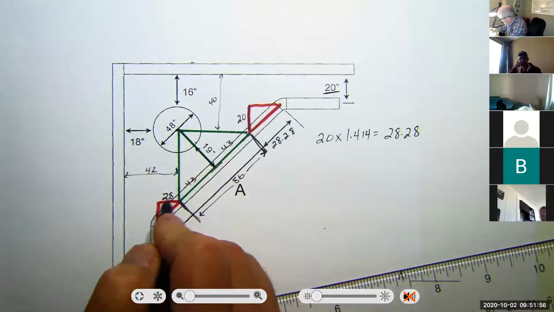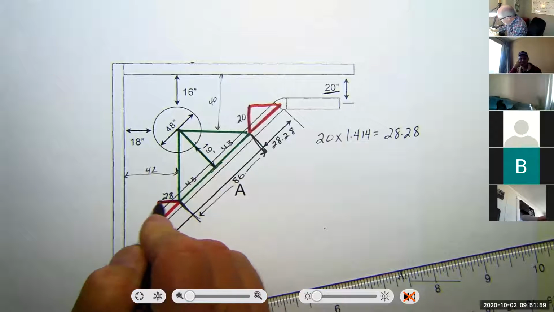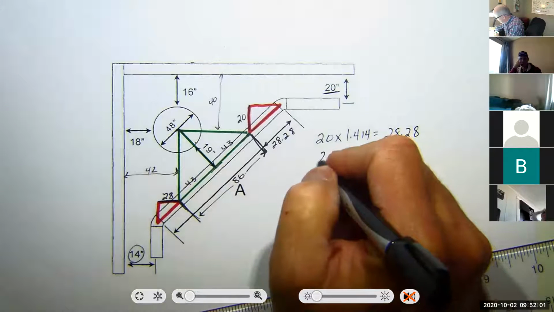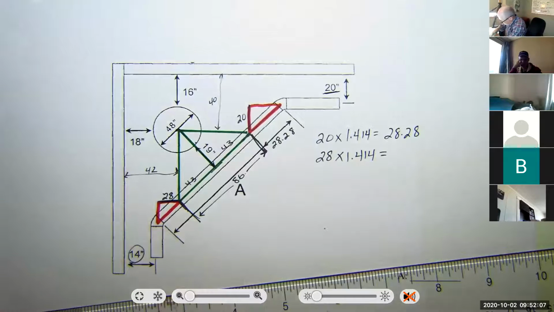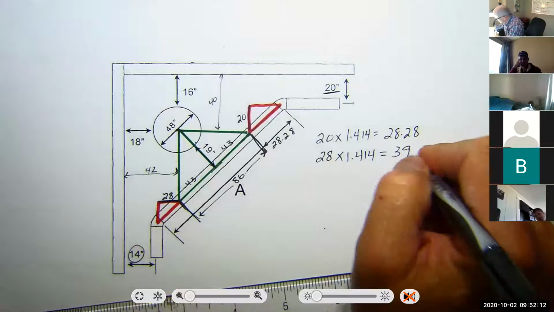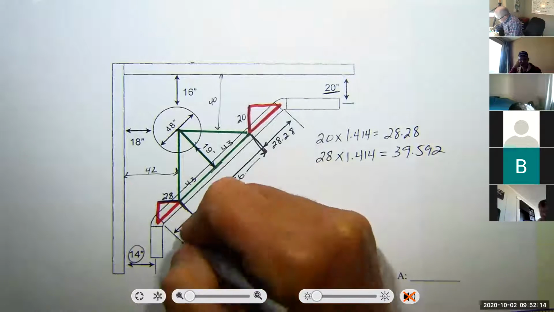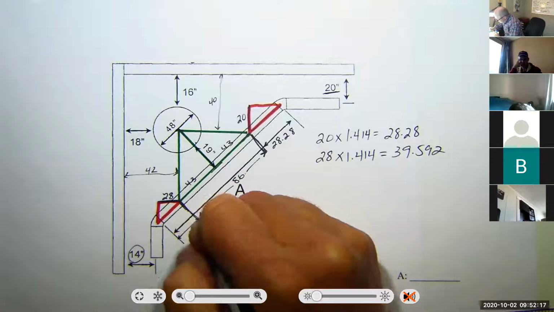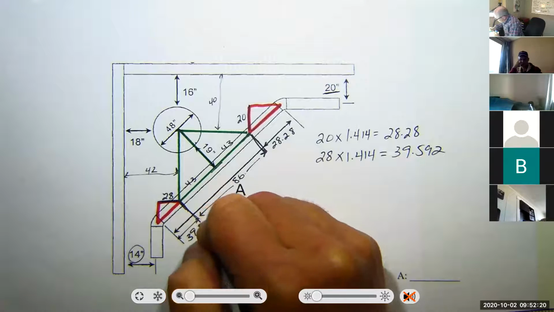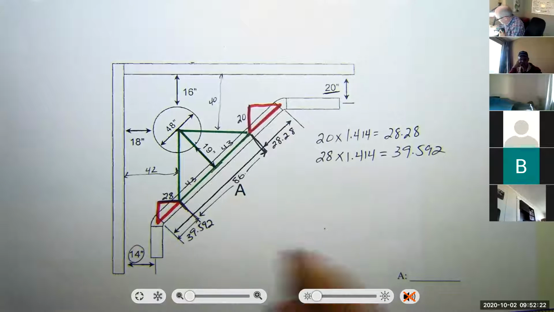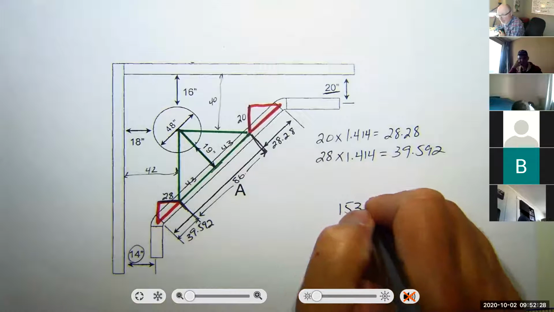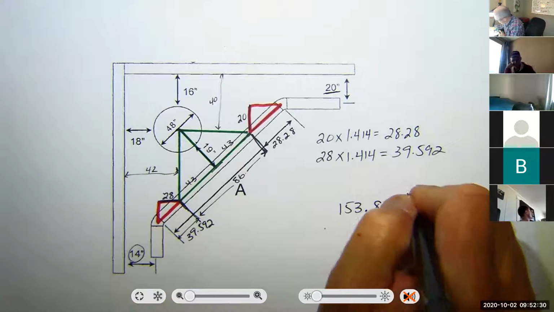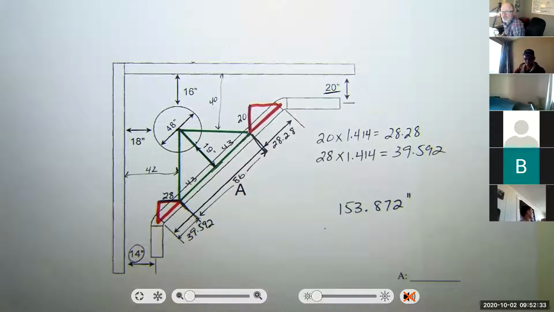This line right here has to be 28. So I calculate 28 times 1.414, equal to 39.592. So this measurement is 39.592. And I add them all together to get 153.872 inches.